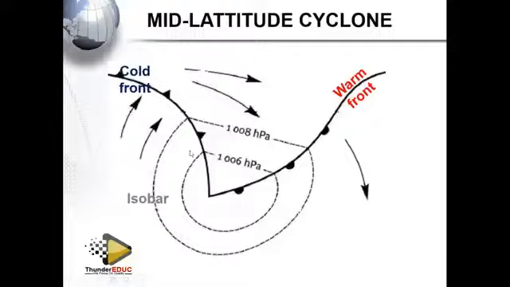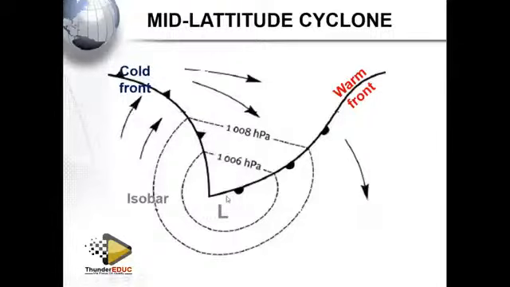In other words, the edge of cold air that is pushing towards the warm sector. Then we have the warm front here, a parcel of warm air that is pushing towards this other side. So it's a warm sector, a warm front. This is a parcel of warm air, and this is a parcel of cold air.